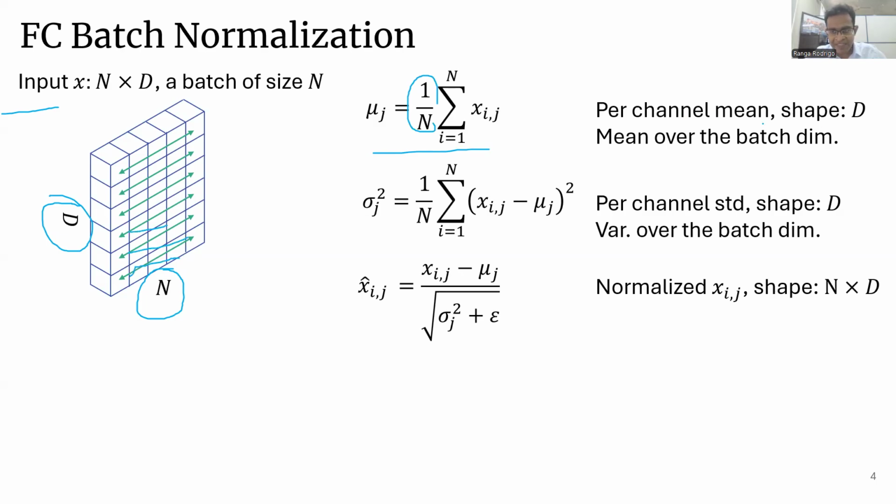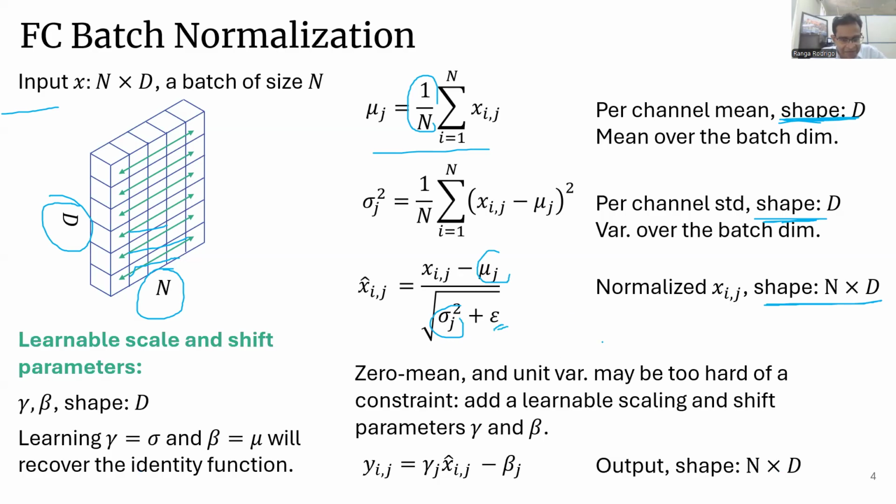So the per channel mean shape will be D. And the per channel standard deviation shape will also be D. So normalization happens, and this shape will be N times D. You can see they have subtracted the mean and divided by the standard deviation, but they have added some small number to prevent a divide by zero error.